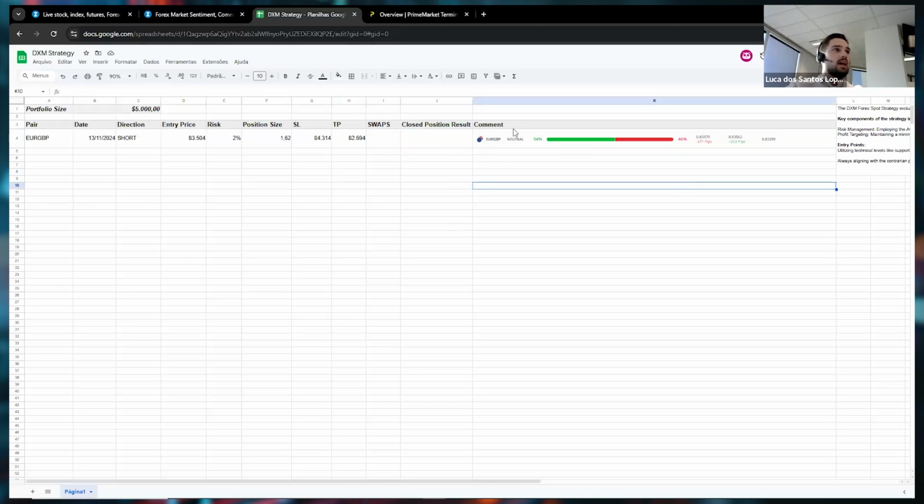Okay, and then the comment is where most of the important part is. Okay, I was thinking of actually typing here, but it's much better for us to take a screenshot and see what is happening at that time, and then we just take that screenshot and put it in here. So if we come here next month, we know how the position has been progressing.